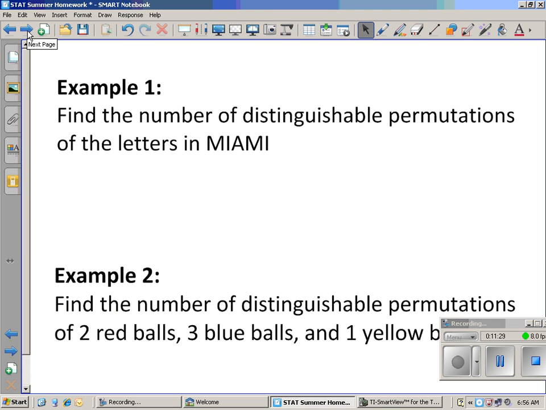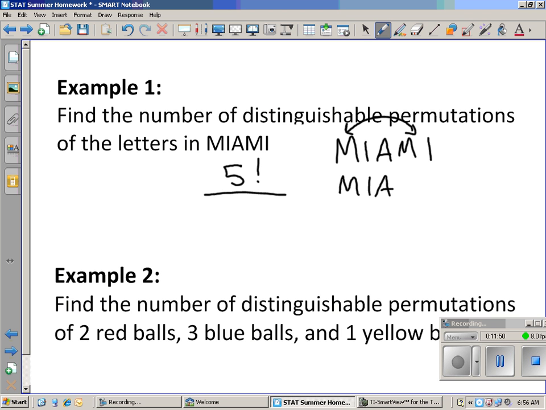Okay, find the number of distinguishable permutations of the letters in Miami. So, Miami has 5 letters, but where M is could be replaced with the other M. So if I wrote Miami this way and happened to switch these 2 letters, it would still be written the exact same.